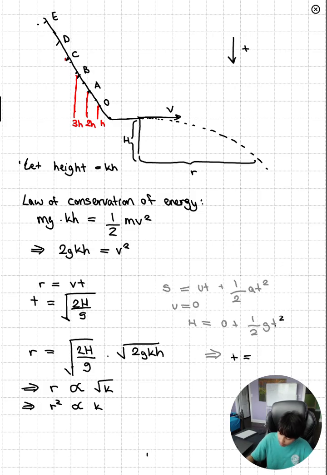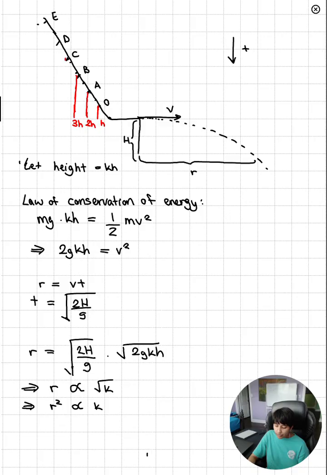Now, from both of these equations, we can find the range in terms of this value k. It will take the form of the square root of 2h over g times the square root of 2gkh. After all, we know that 2h, g, these are all constants, so we can just say that this is all some constant.